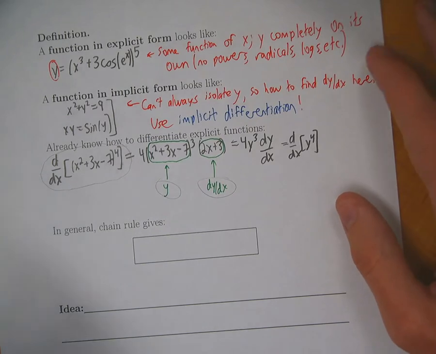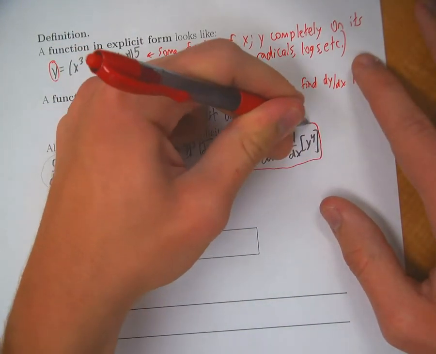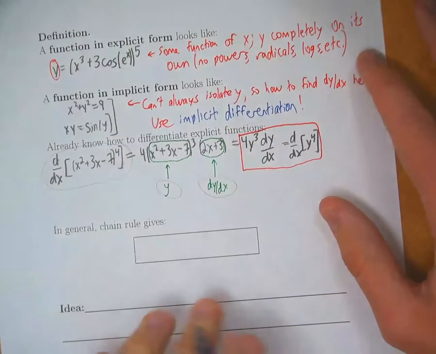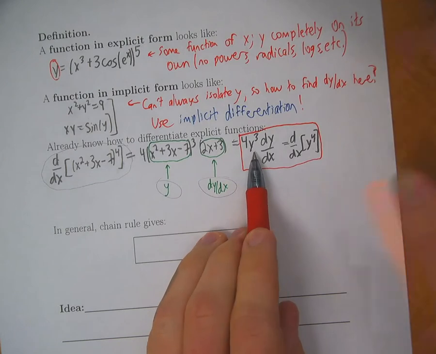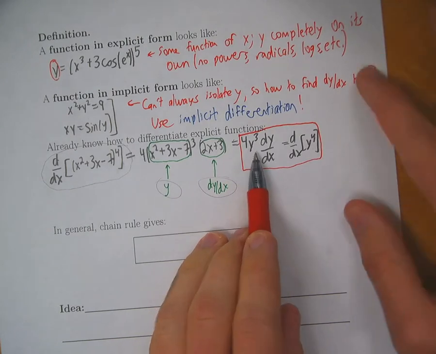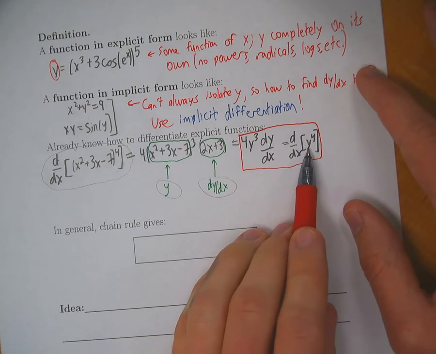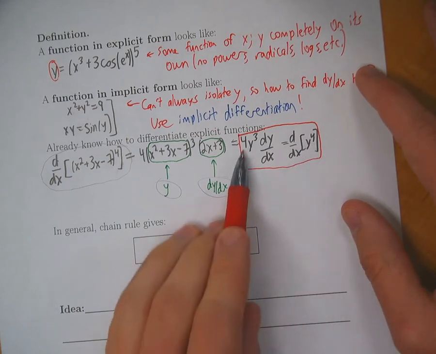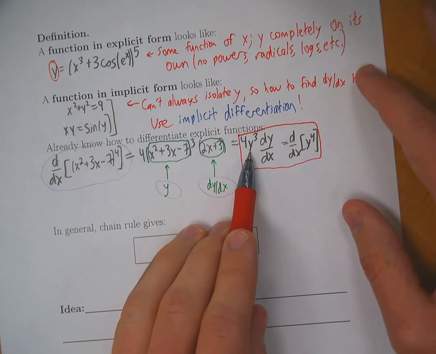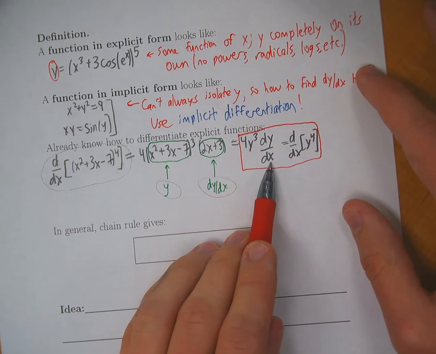So let's focus on this part here. If we have y as some function of x, then if we take the derivative of some function of y, chain rule says we take the derivative like we normally do with the y part, but then because of chain rule, we have to multiply dy dx into there.